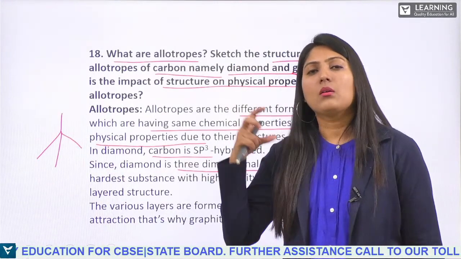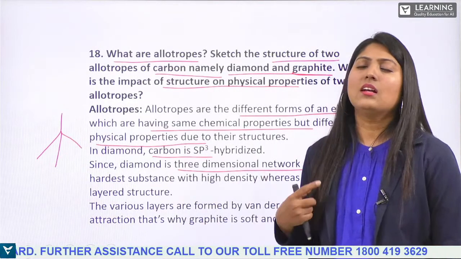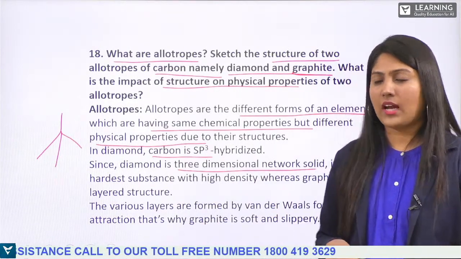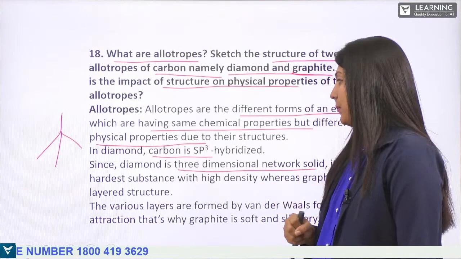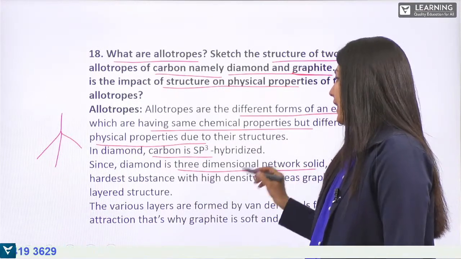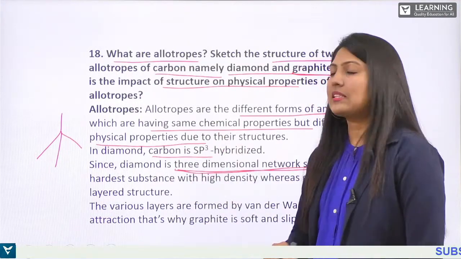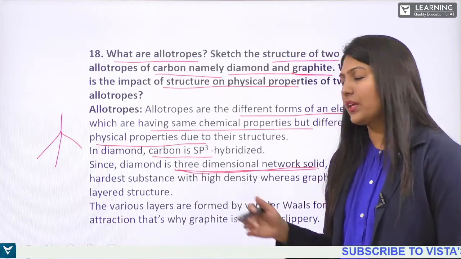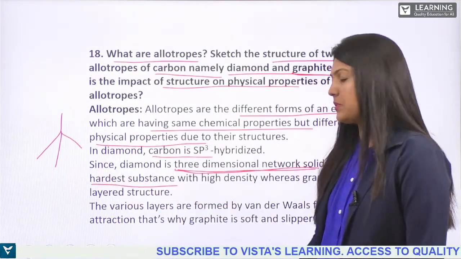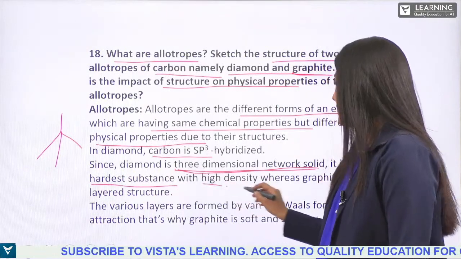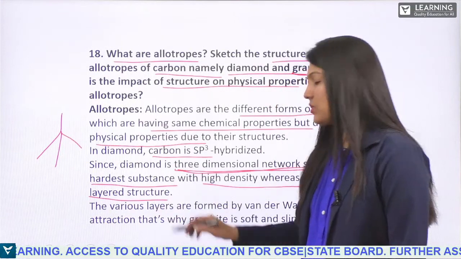It will be bonded in this manner. One carbon atom will be bonded with each of the adjacent 4 carbon atoms, and it will be a very strong bond. And here we have the 3-dimensional structure of this sp3 hybrid atom, and that increases the hardness of the substance with high density, whereas graphite has a layered structure.